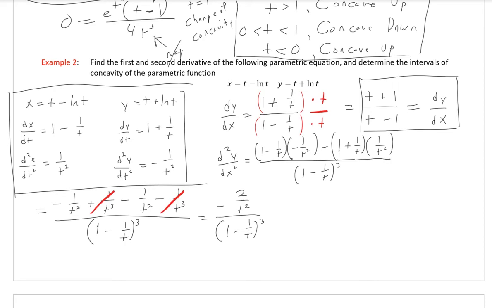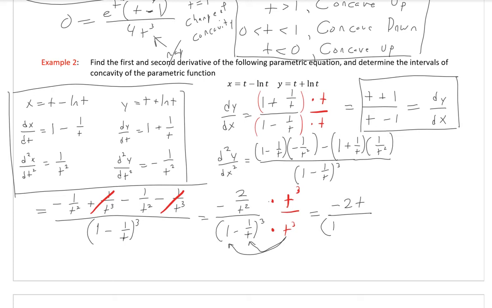And if we want to simplify this, I have this t squared, but I also have the t down here that's technically going to be cubed. What I can do is, like I did before, multiply the top and bottom by something, and what I'll multiply is t cubed. If I multiply by t cubed, I get t over t squared times t cubed will give me negative 2t overall. And on the bottom, because it's cubed, I can actually multiply the t on the inside here.